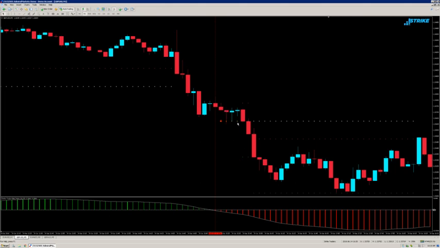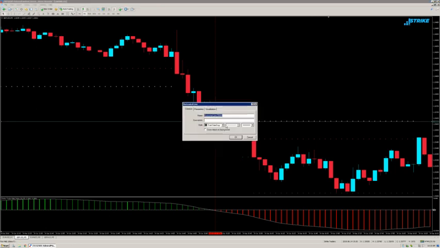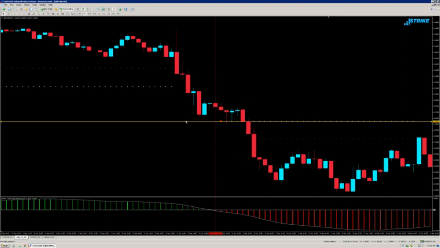So what that yellow line then does, and I'll do that for you now so that you see how that would look in real, if it happens right now. You get a yellow line here, which then tells you to place a pending order at that level.